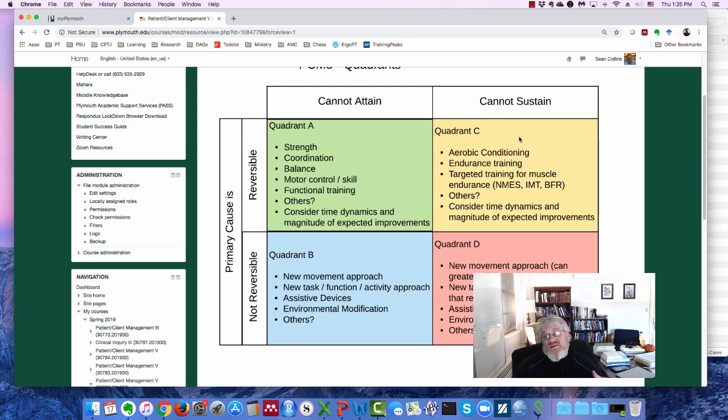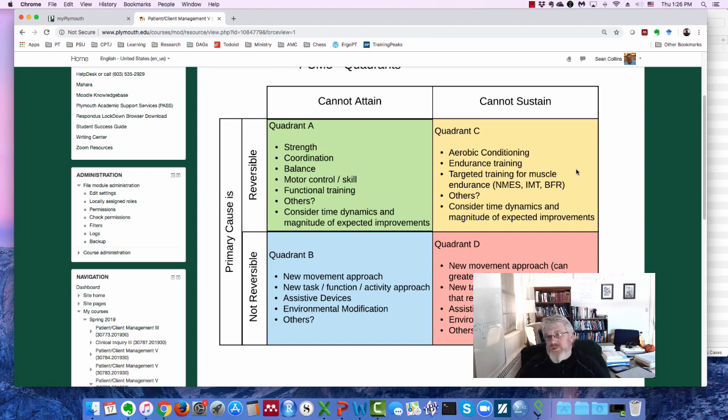If a person cannot sustain, and it's reversible, now we're talking about aerobic conditioning, endurance training, targeted training of specific reasons. Maybe it's weak inspiratory muscles, weak peripheral muscles that could benefit from inspiratory training or neuromuscular E-stim, or maybe blood flow restriction training. There's a variety of approaches, but it's essentially therapeutic exercise, an exercise prescription.